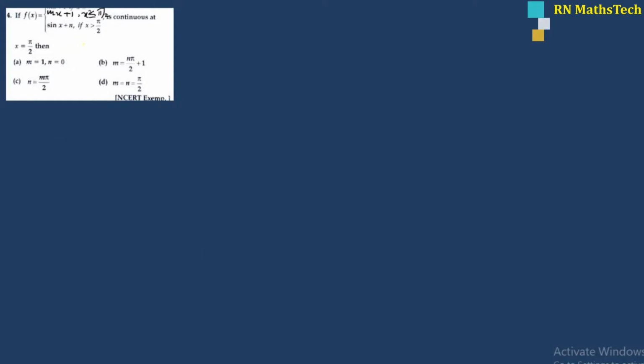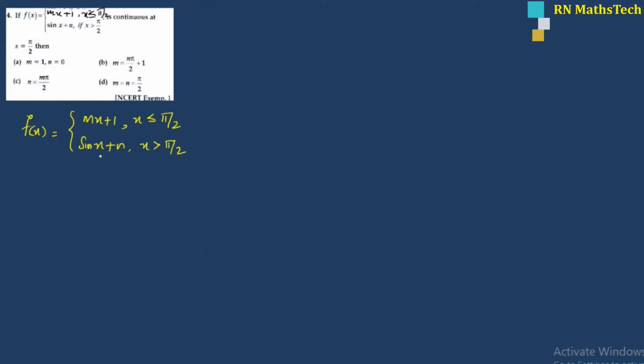Then find the values of m and n. The function is defined by mx plus 1, x less than or equal to pi by 2, and sin x plus n, x greater than pi by 2.